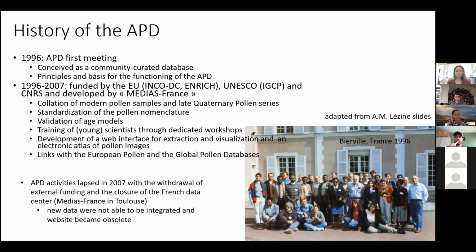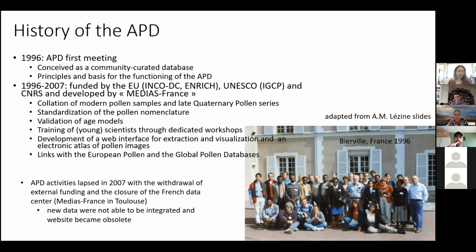But there were a lot of behind the scenes important components to this as well that were important for standardization, like standardization of the pollen nomenclature, which I'll talk about later, the creation of new age models, training of scientists, and also the development of a really important web tool for the identification and digitization of pollen images. And then they also developed a lot of links to global pollen databases as well.